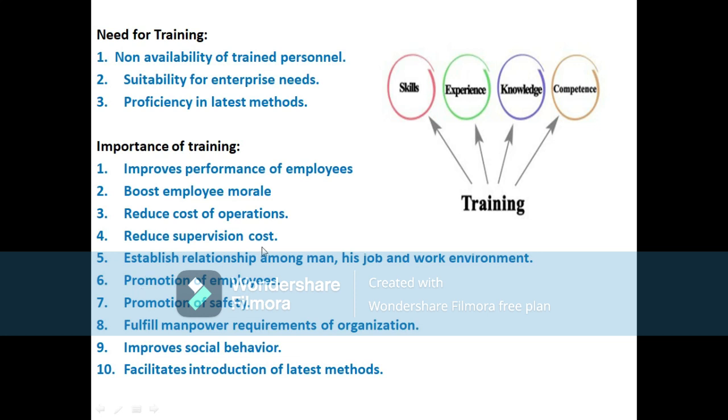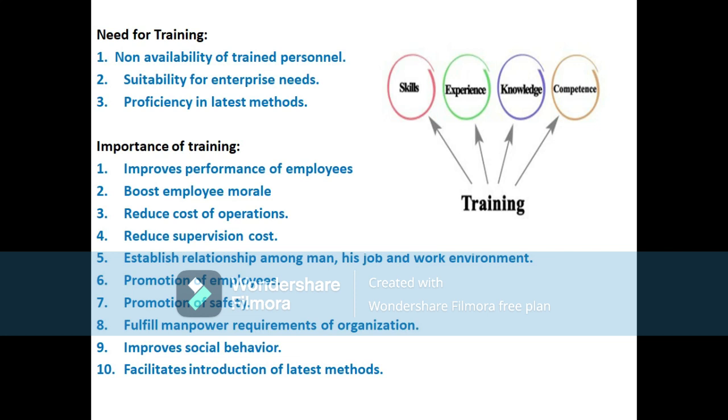And coming to promotion of employees, training is beneficial to the organization as well as employees. By imparting training, employees are made capable of taking up challenging jobs, and they may be promoted to higher positions also.